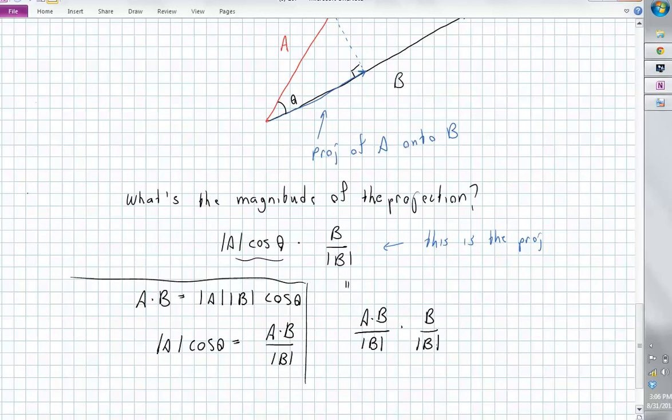Let me step back here a little bit and talk about some notation. This dot and this dot, are they the same dots or different dots? They're different dots. The first dot is a dot product, the second dot is multiplication. You have to figure out what the dots mean from context. What do I mean by that? Well, this thing here is a scalar, and this is a vector.